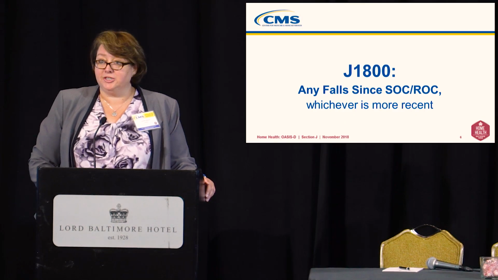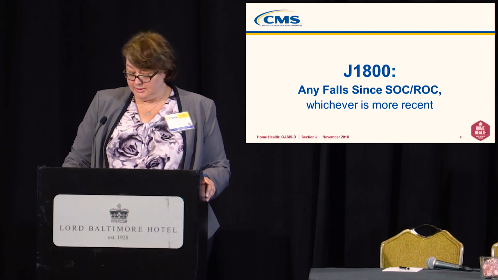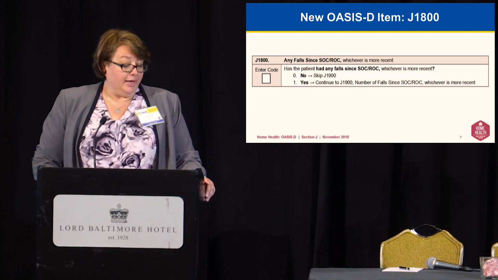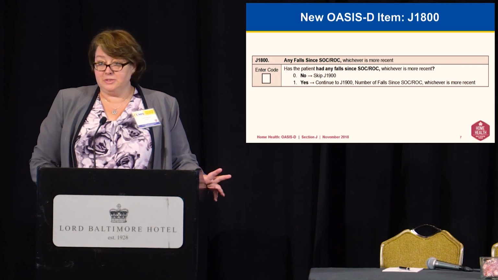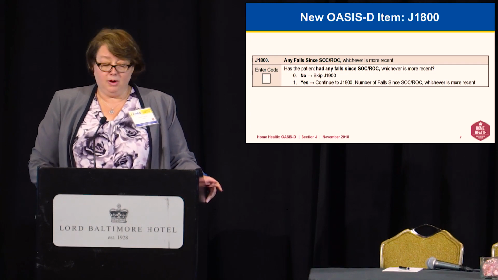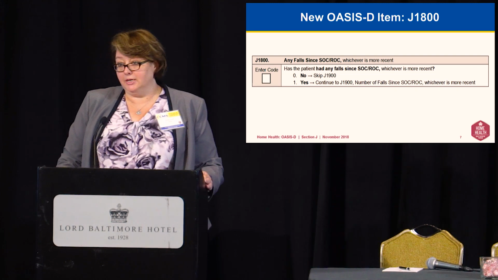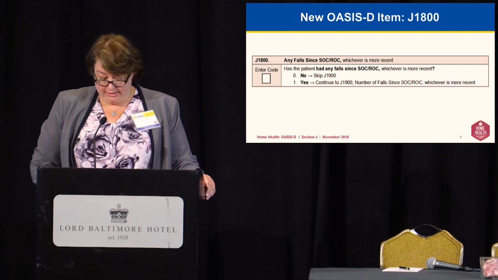Now let's take a closer look at J1800, any falls since SOC/ROC, whichever is more recent. Again, you're going to see that there are 2 responses, no or yes. With the no, you would skip J1900, but for the yes response, you're going to continue on to J1900.